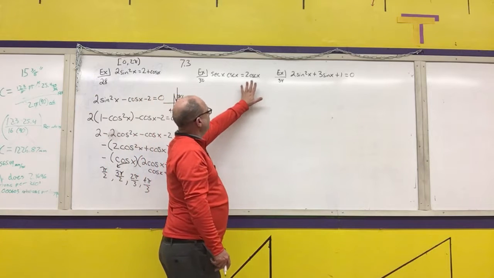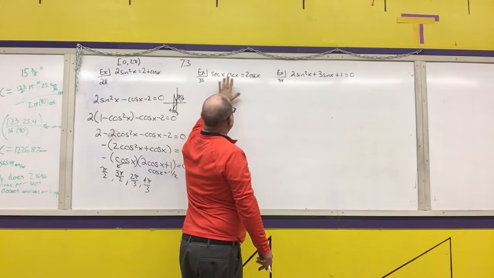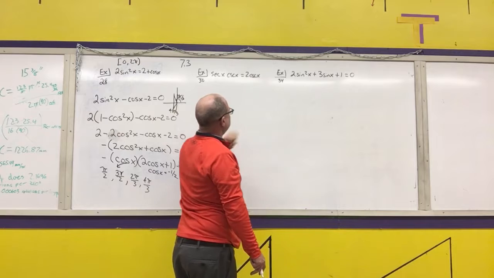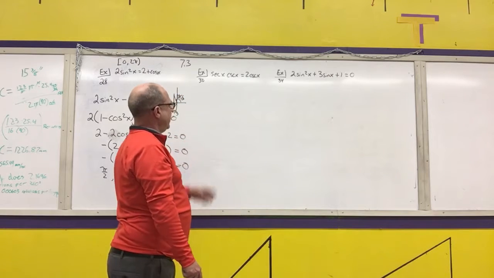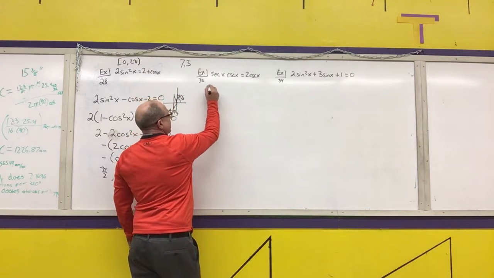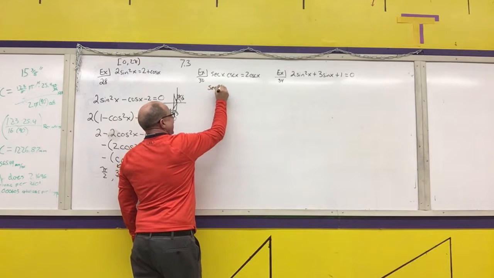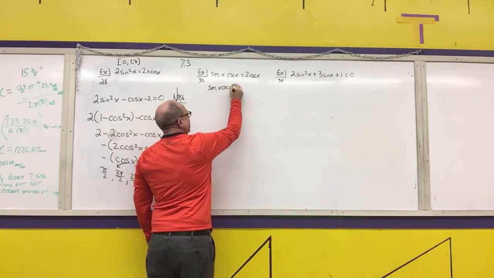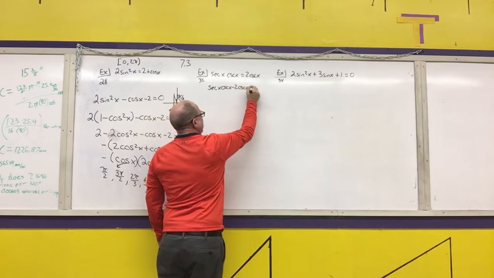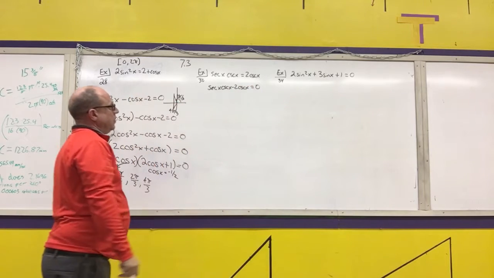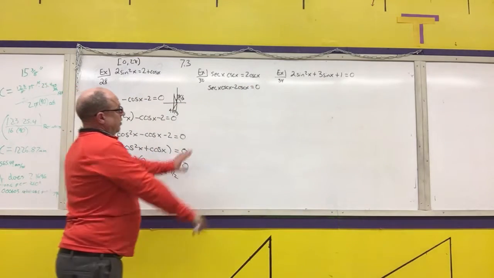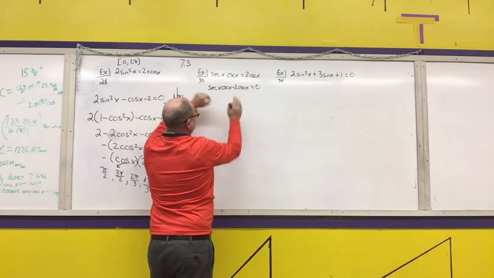Okay, next one. Have secant x cosecant x minus 2 cosecant x. I'm going to subtract 2 cosecant x from both sides. So I get secant x cosecant x minus 2 cosecant x equals 0. I want to pull a common factor out, and I've got common factor of cosecant x.